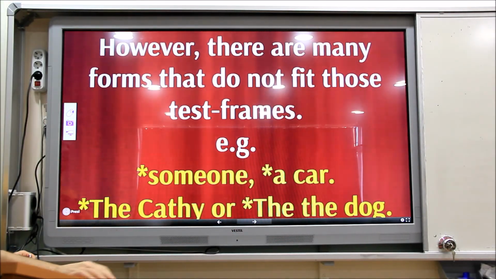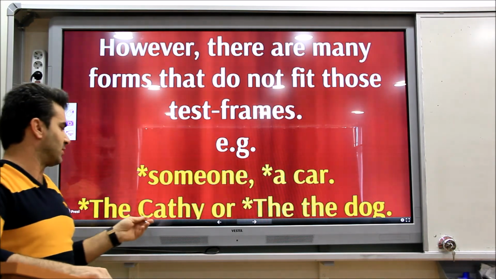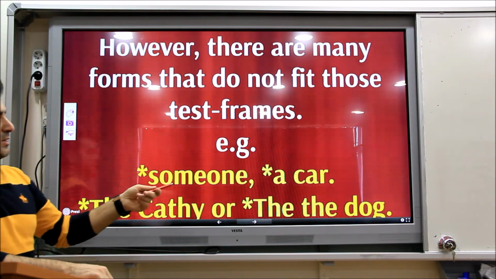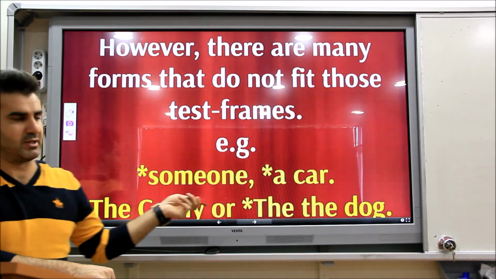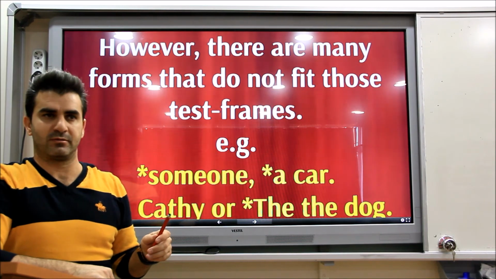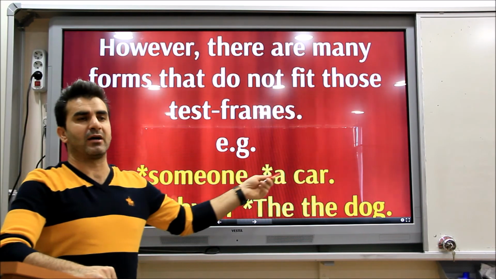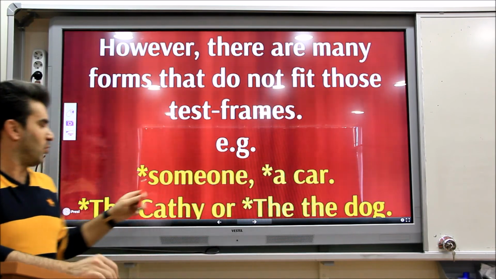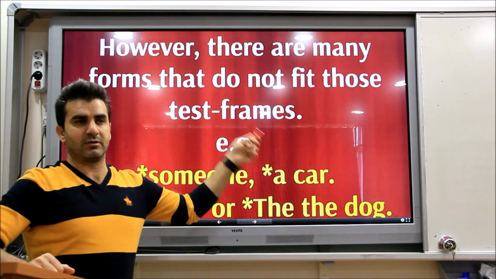However, there are many forms that do not fit those test frames. For example, someone, a car, the kitty, or the door. It's not possible to use this. Can you say "the someone"? You cannot use it. Or can you say "the a car"? No. Or "the the kitty"? No. "The the dog"?